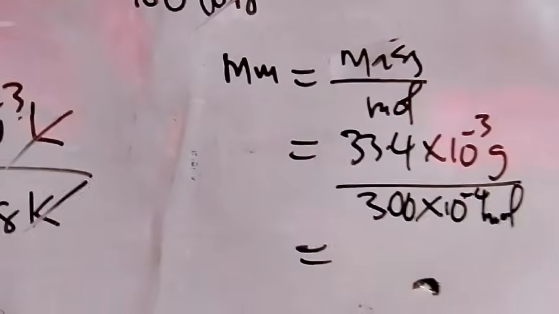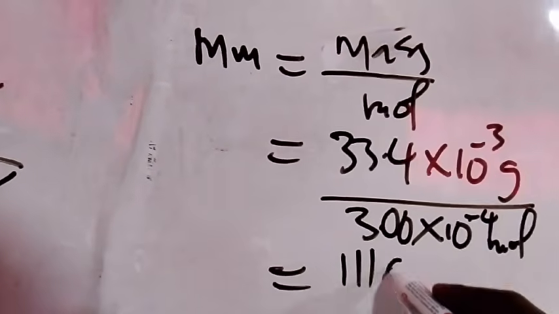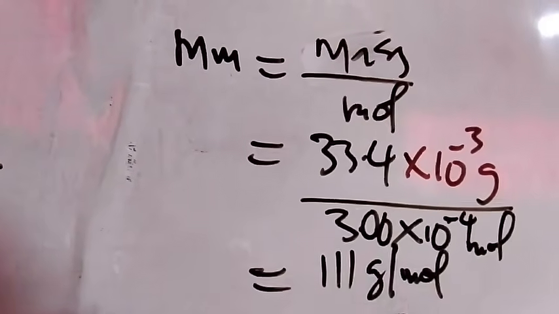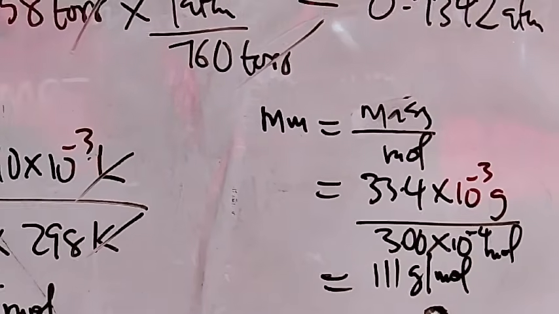When you divide, you get 111 grams per mole. That is our molar mass. There are so many questions we can solve on osmotic pressure; just apply the equation.